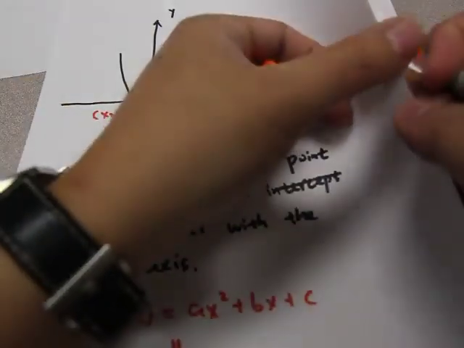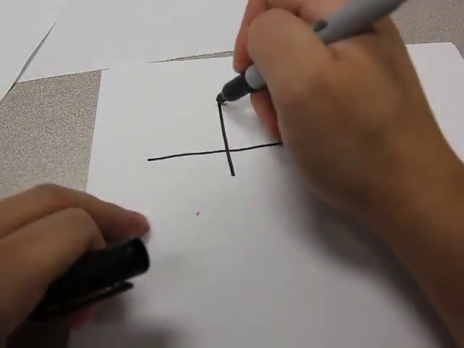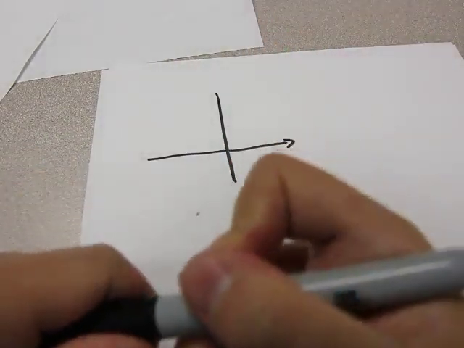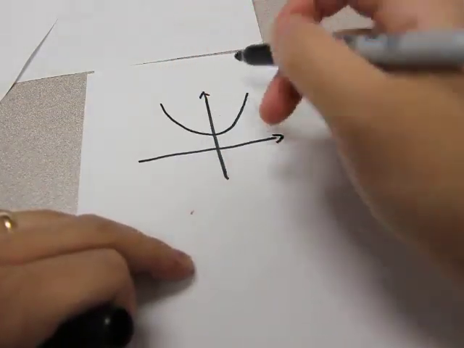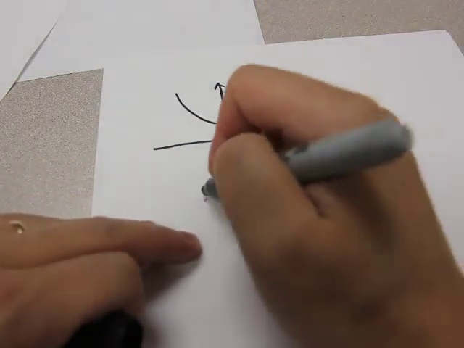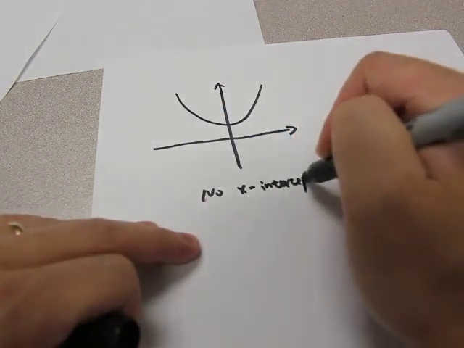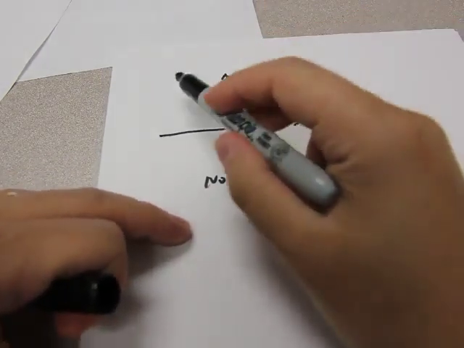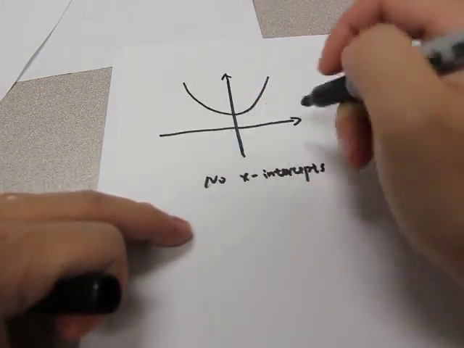So for example, if we consider a parabola that opens up and it's above the x-axis, in this case we do not have an x-intercept because the graph will not intersect with the x-axis.